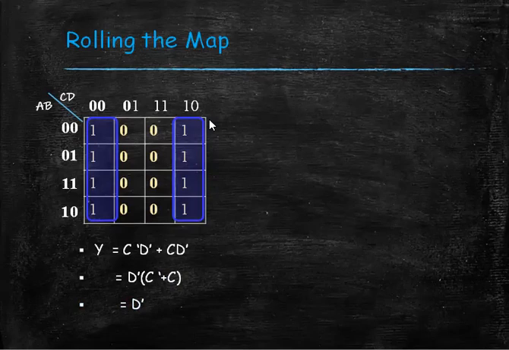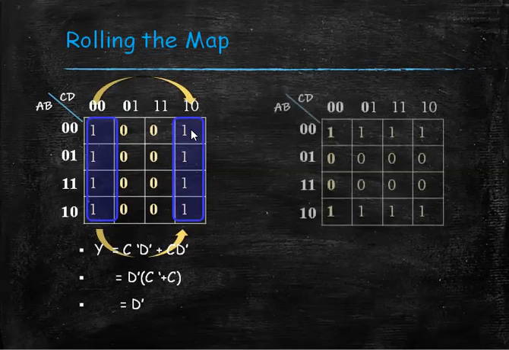It means they form an octet. Or from the figure we can say that when we roll the map left to right, in this way we can form an octet. The end-to-end rolling.